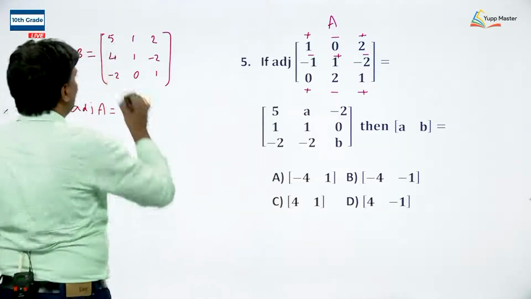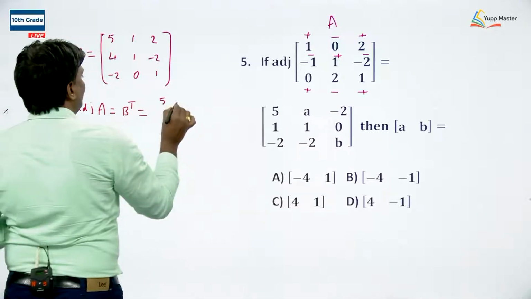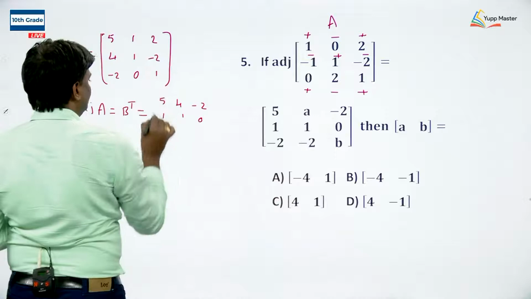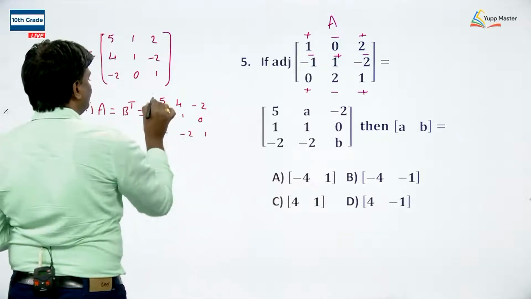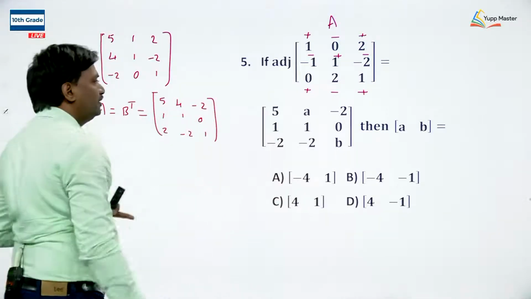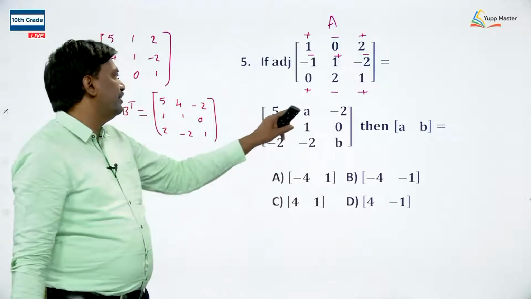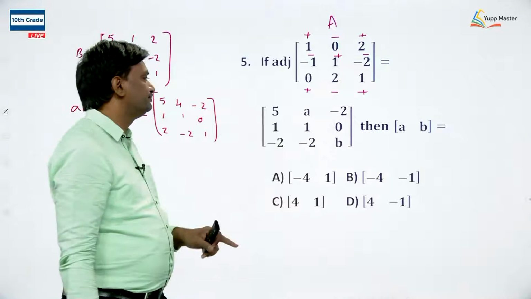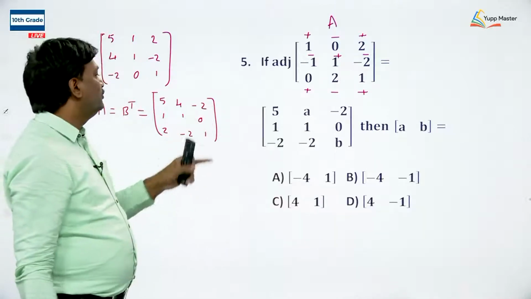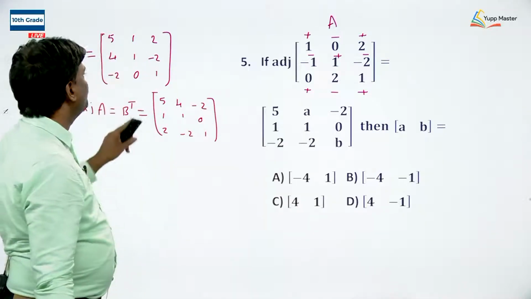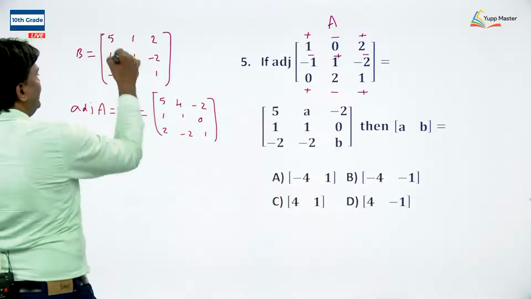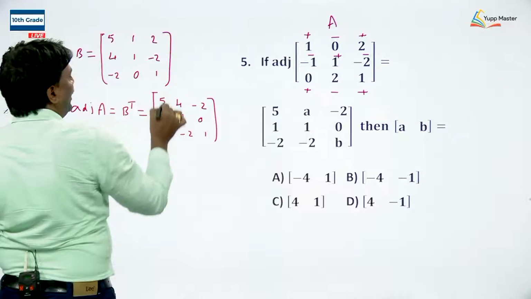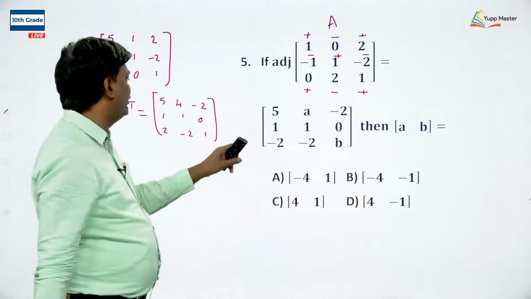By interchanging the rows and columns, we get 5, 4, minus 2, 1, 1, 0, 2, minus 2, 1. According to the RHS, we have 5, A, minus 2, 1, 1, 0, minus 2, minus 2, B. Here by interchanging the rows and columns, we have 5, 4, minus 2, second column 1, 1, 0, and third column 2, minus 2, 1, but here we have minus 2.